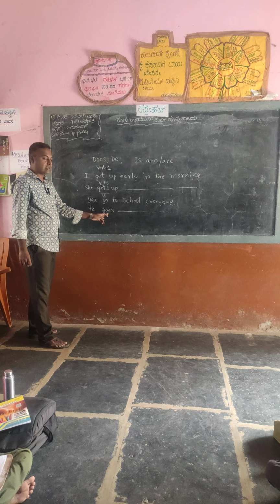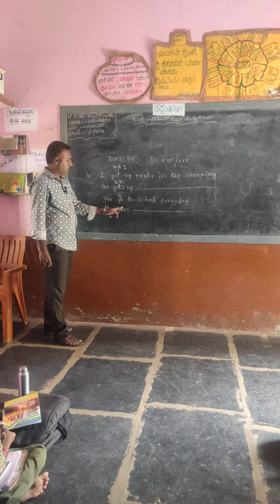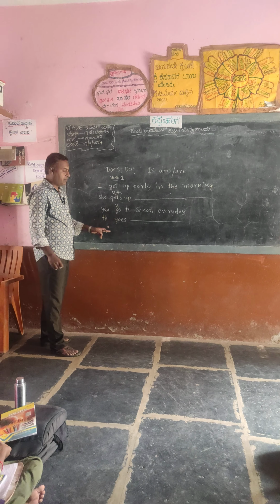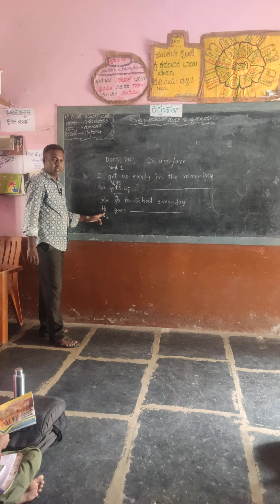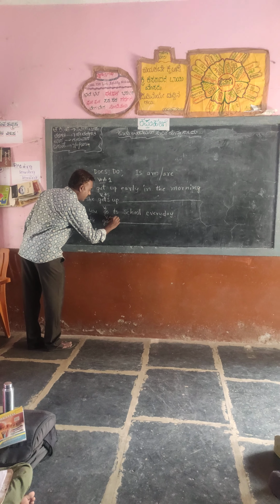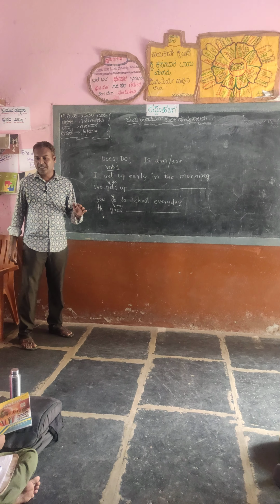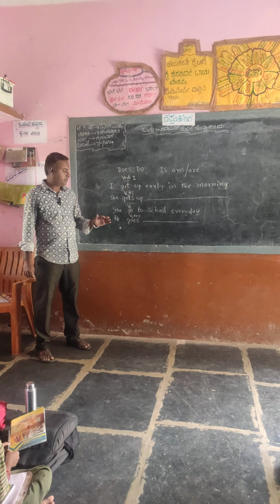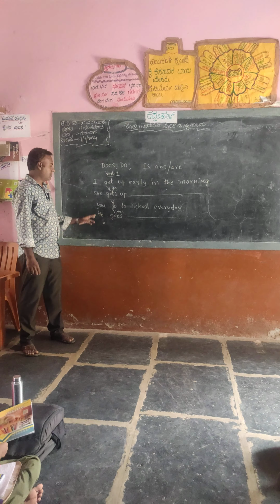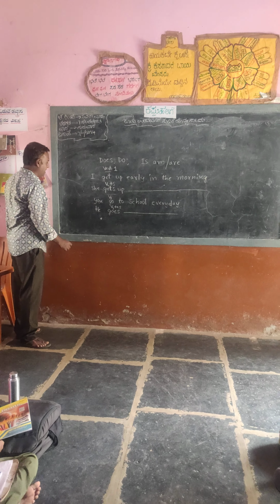By adding es. Here you need to add es, so it became singular verb. This is the singular subject, so that you have made the singular verb, that is V1 plus es. He goes. You can't say that he go, that will be wrong. You have to write he goes, you go. Next, she goes.